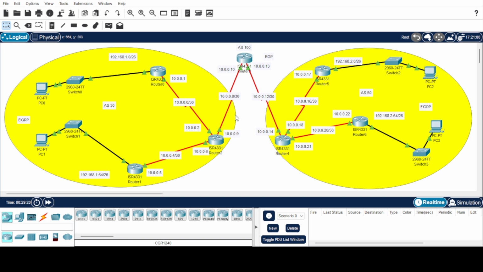So we have to make the internal routing protocol known to the external routing protocol. Similarly, the external routing protocol also has to be known to the internal routing protocol. For that we have to do the redistribution. So let's go to router number 2.